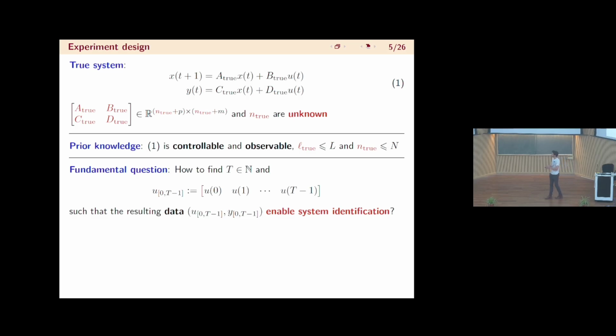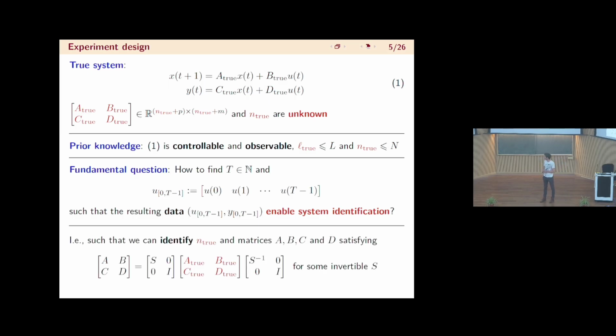So my question is going to be, how do I design these inputs now in such a way that the resulting data enable system identification? In other words, such that the input-output data are informative for system identification. That means that the goal is to identify the true state space dimension n true from the data.